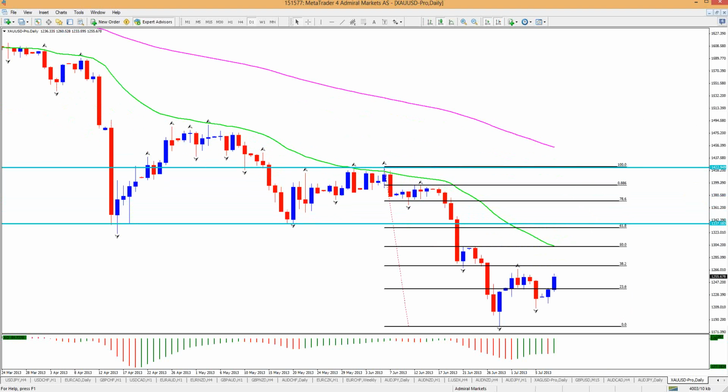Let's take a look at dollar CAD, although Patrick left already, I see. So let's take a look at dollar yen. Because Greg is still here. Oh, Patrick's back. Good. Okay. So let's take a look at dollar CAD then.